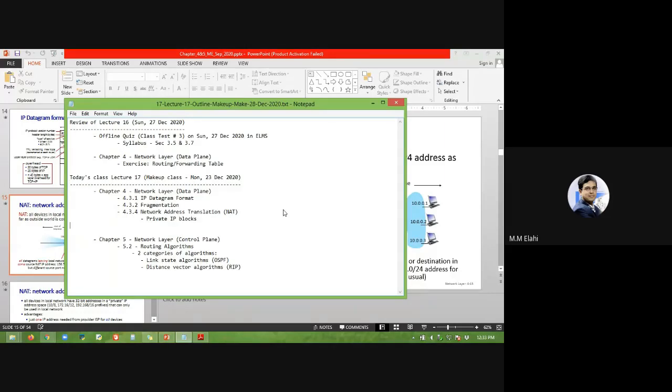Okay, what are the private IP blocks? Class A: 10.x.x.x. That means, as we know, in class A the first octet value can be 1 to 126, right? So out of these possible values, only block 10 is preserved for private IP.